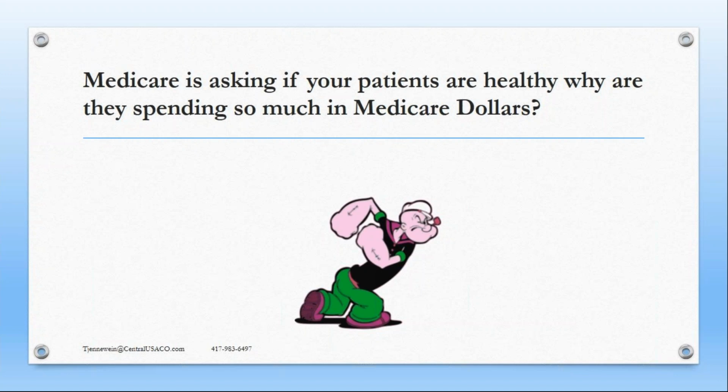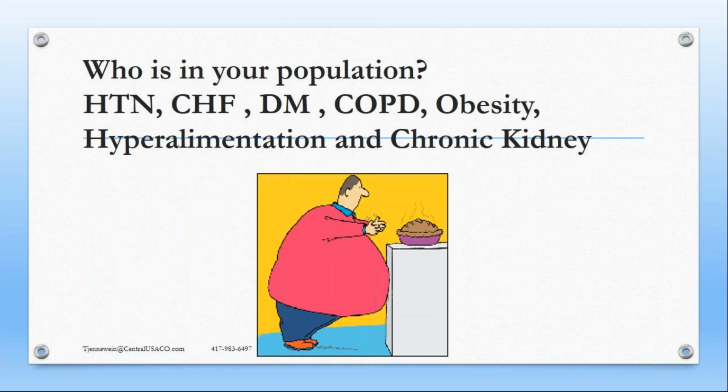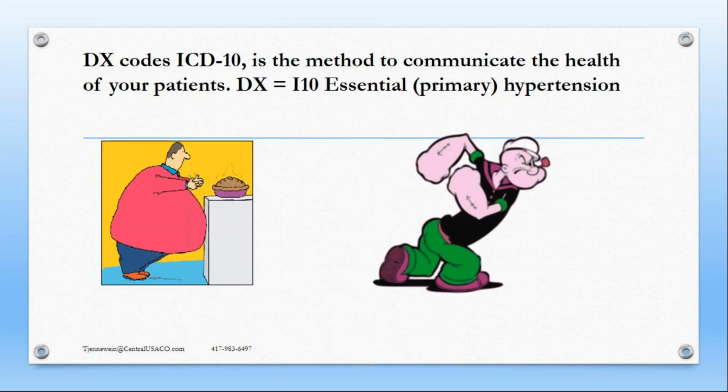Now, yes, you know your patient has all these different comorbidities here. You know your patient has hypertension, CHF, diabetes, COPD, obesity, chronic kidney disease. But does Medicare know?